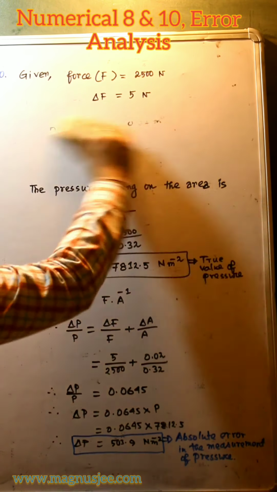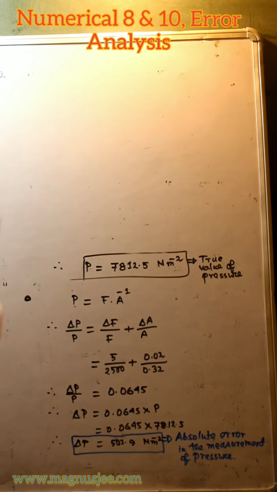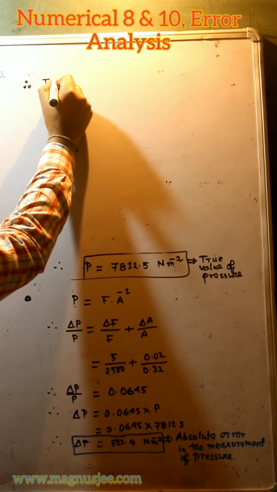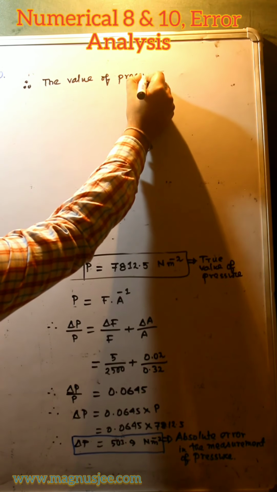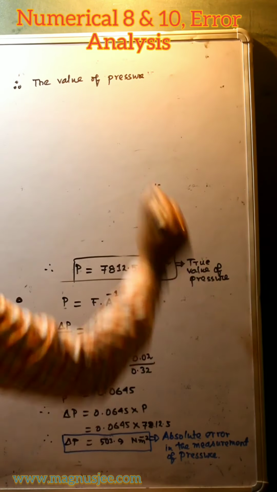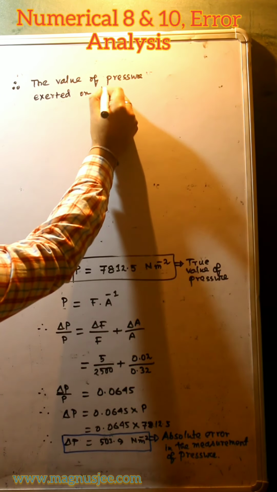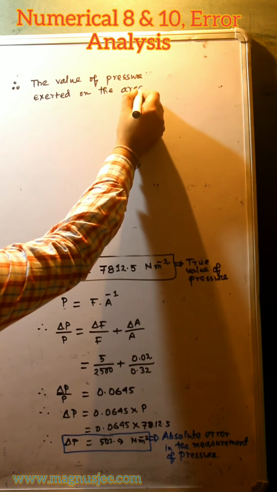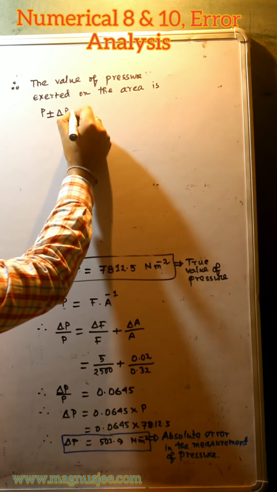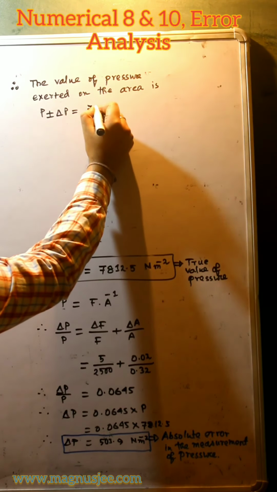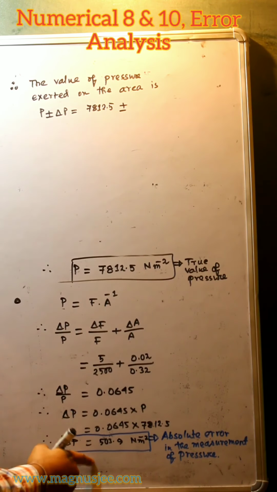And the final answer will be: the value of pressure exerted on the surface of the area is P plus minus delta P, which is 7812.5 plus minus delta P, about 500.